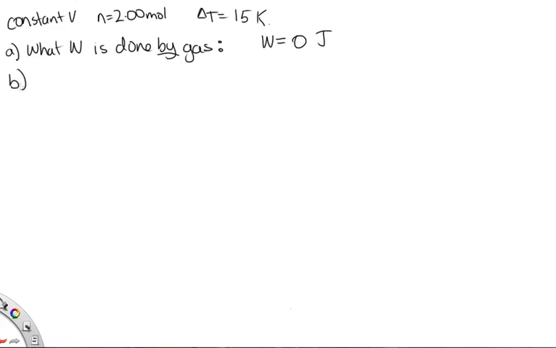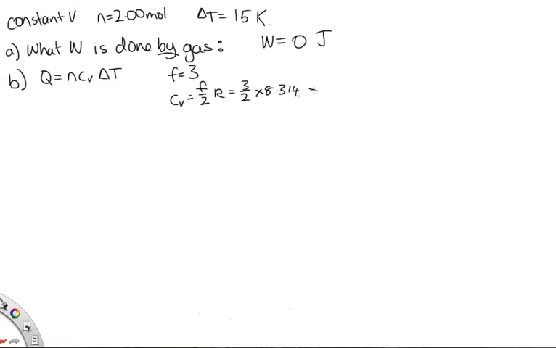Part B asks us how much energy is transferred as heat. So to work this out, we'll need to use Q = nCvΔT. Now it's a monatomic gas, which tells us f is equal to 3. So Cv is equal to f/2 R, which is 3/2 times 8.314.